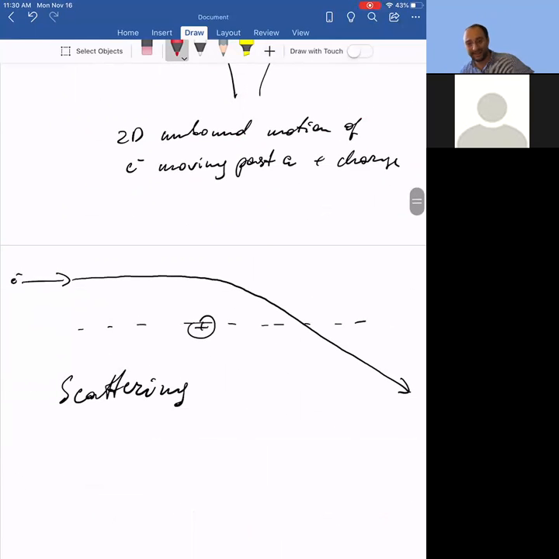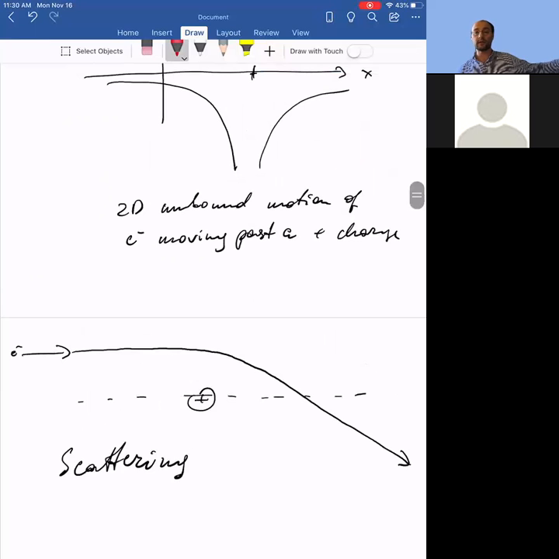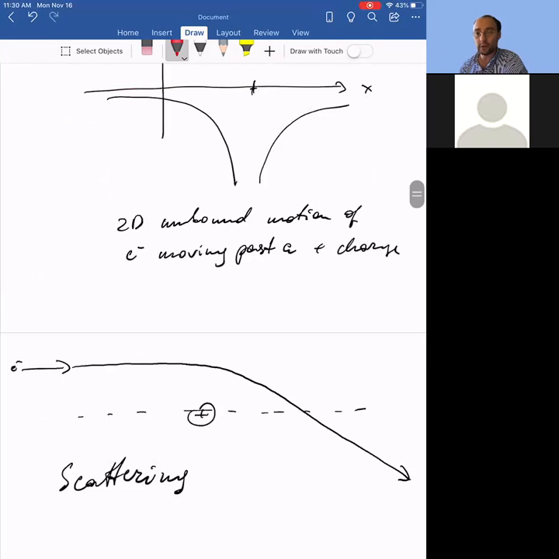In 1D, there is a solution. It's a very pathological solution. No one ever talks about it, but it does exist. In 1D, this really would correspond to an electron speeding up, acquiring infinite kinetic energy, moving through the positive charge, and then losing energy, and then having some residual energy. That solution does exist. We rarely talk about it, but in 2D, it's more relevant.